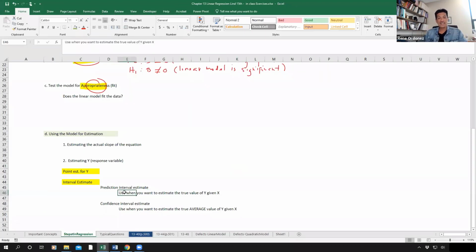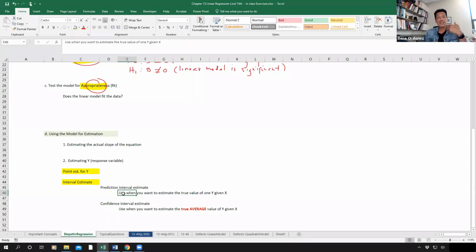Okay. Now, prediction interval estimate is used when you want to estimate the true value of, let's put this, say, one y given x. Whereas the confidence interval estimate is of estimating the true average of a group of y's given x.